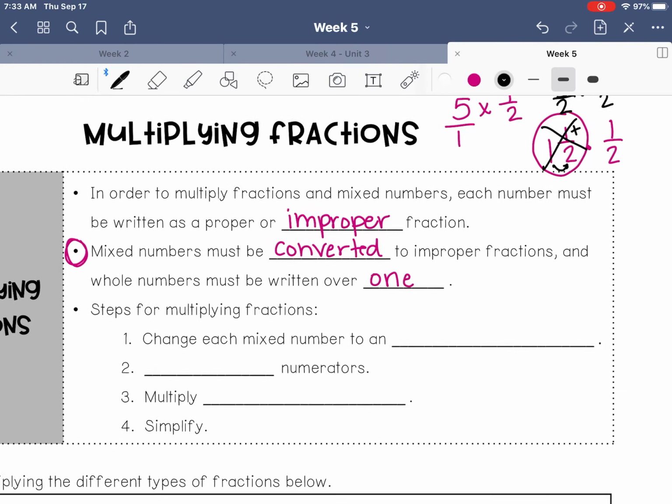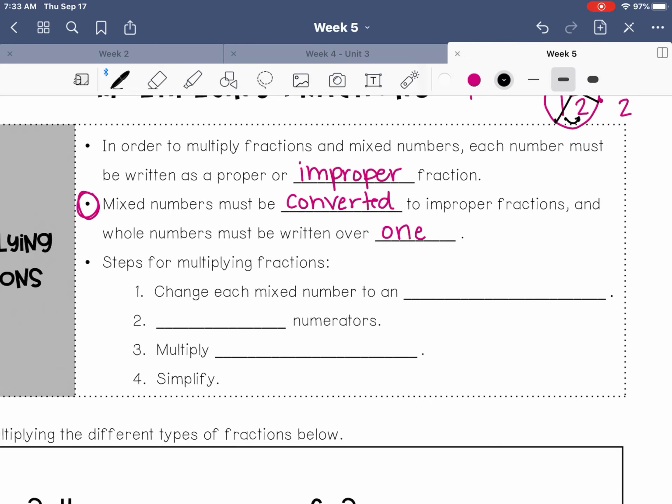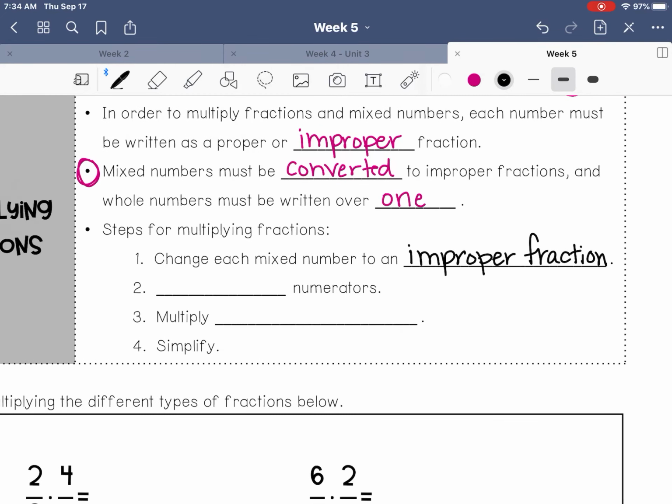All right. So, steps for multiplying fractions are these. Change each mixed number to an improper fraction. Please write this down. And if you don't understand how to change it to an improper fraction, there are lots of great videos out on the internet about that. Okay? Then after you've changed it to improper, you multiply the numerators and then multiply the denominators.